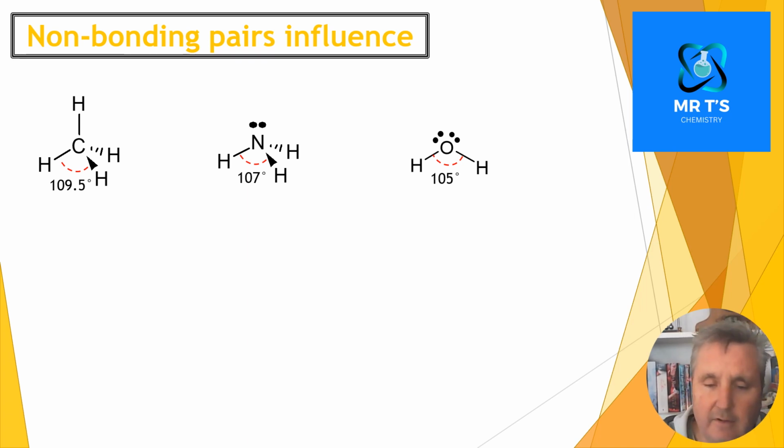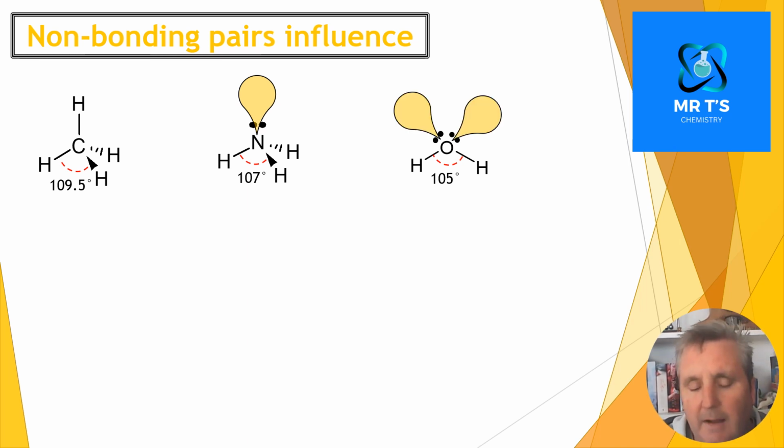Now the reason that these angles get a wee bit smaller is to do with this non-bonding influence here, these lone pair. In fact, these lone pairs just repel a bit more than the bonding regions do because they're less constrained. So they end up pushing these bonding regions a bit closer together. It's not much, but it's a little.